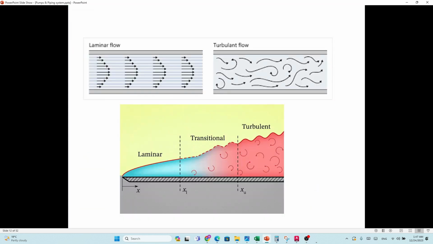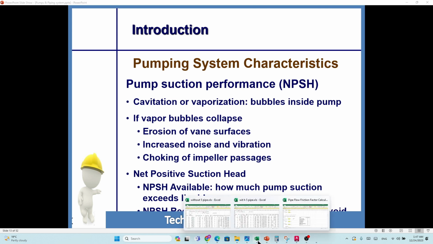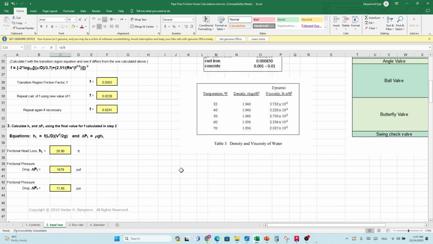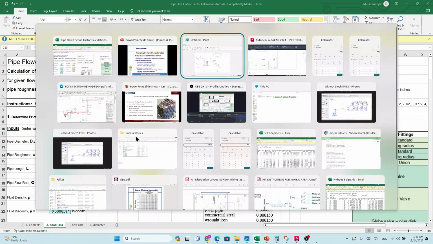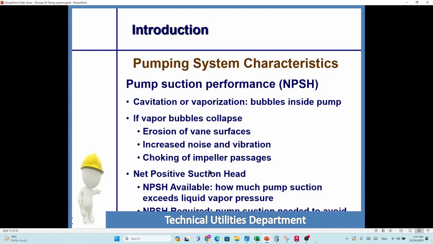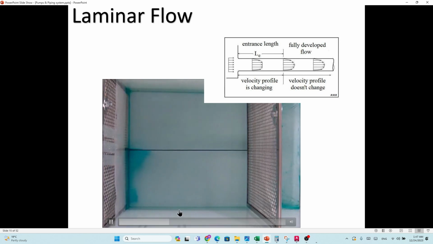The terminologies and equations working behind this are already embedded in the Excel formulas, the Excel chart. You are utilizing the Excel chart for calculating the diameter of the pipe. Okay, so move towards our presentation. You get the simple idea of laminar and turbulent. Let's have this video.